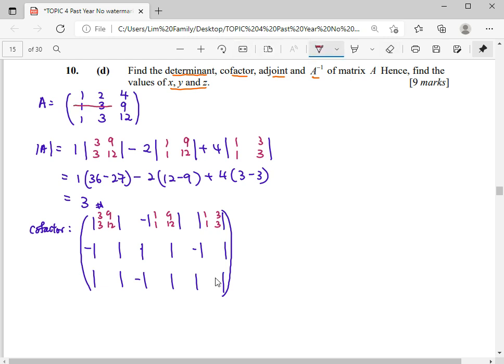For row 2, column 1, what I leave here is 2, 4, 3, 12. Copy 12 and 3, and then 2, 3 at the back. The vertical part will be 1, 1.